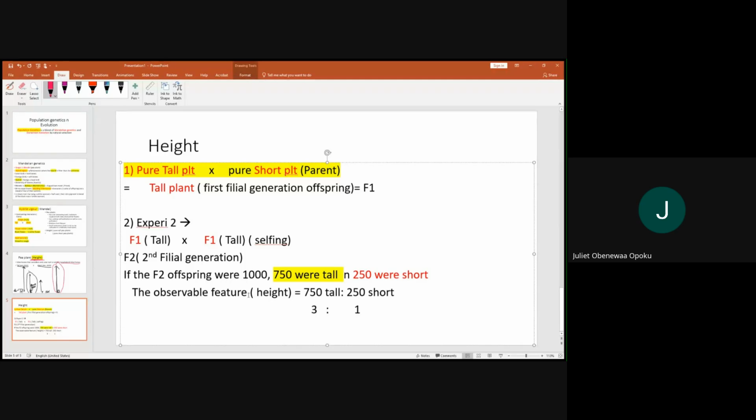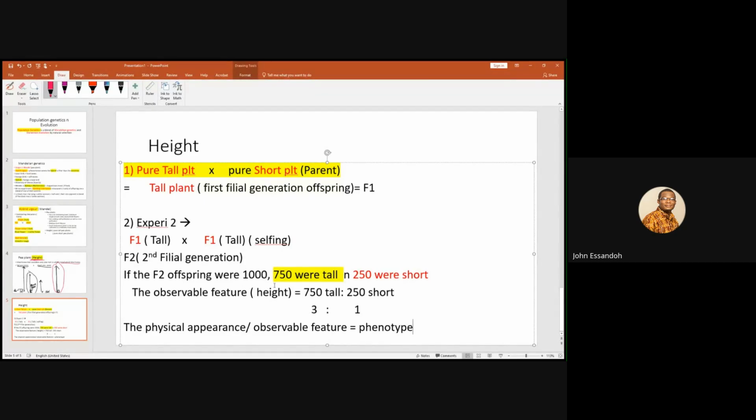See, these are observable features. That's the physical appearance. I normally like to say observable feature, which is what you call the phenotype.